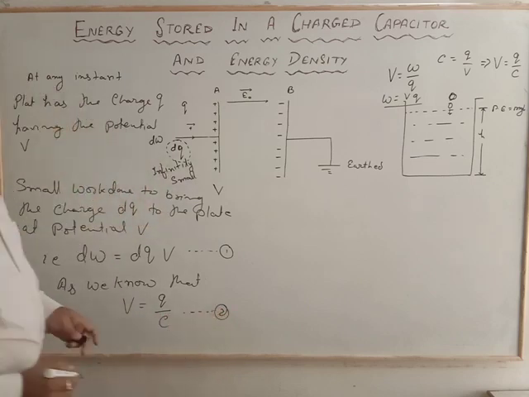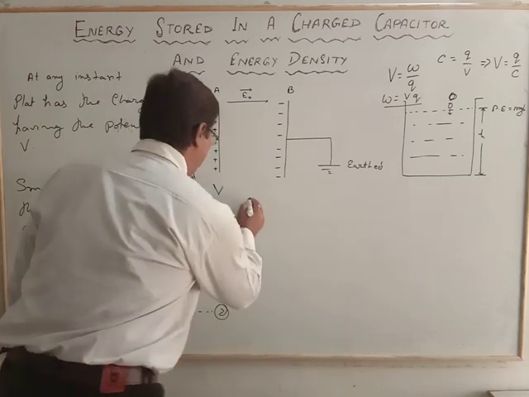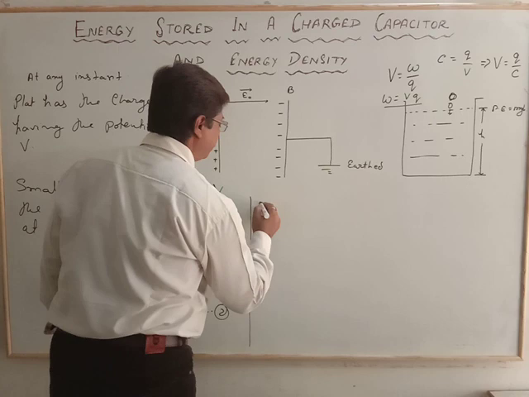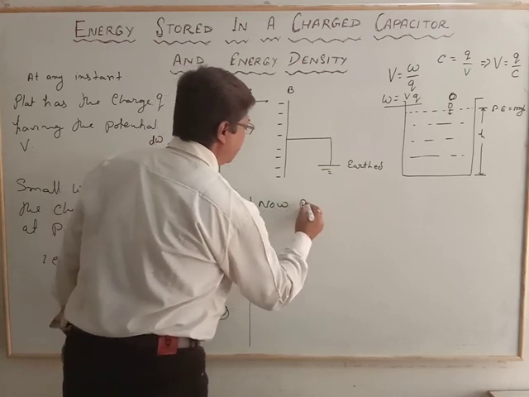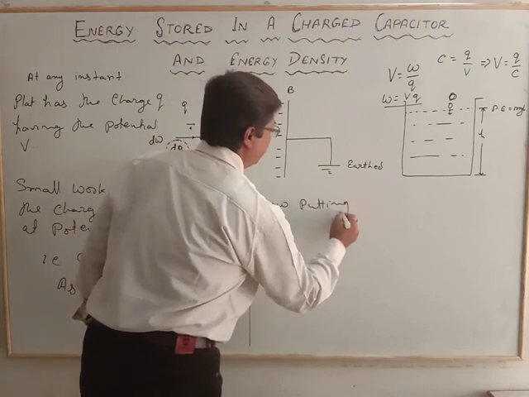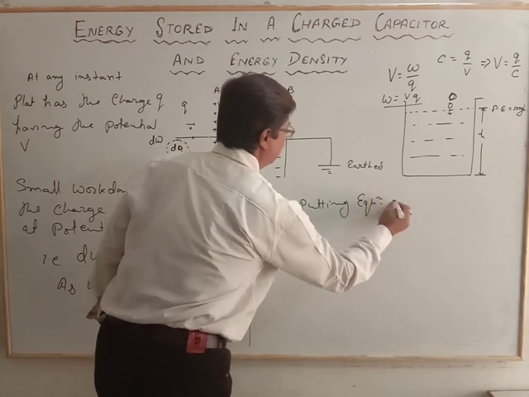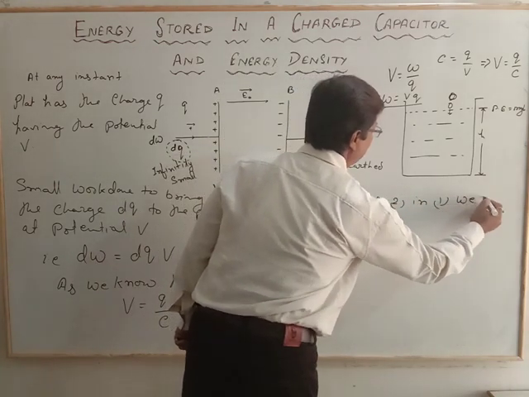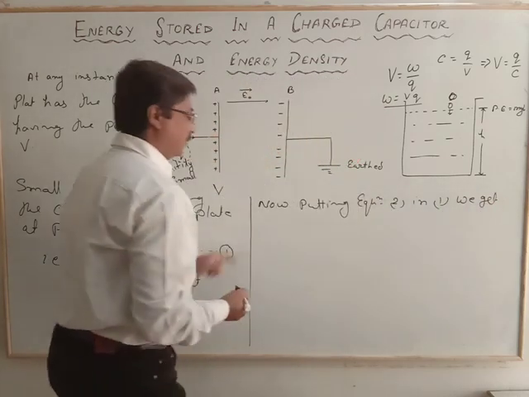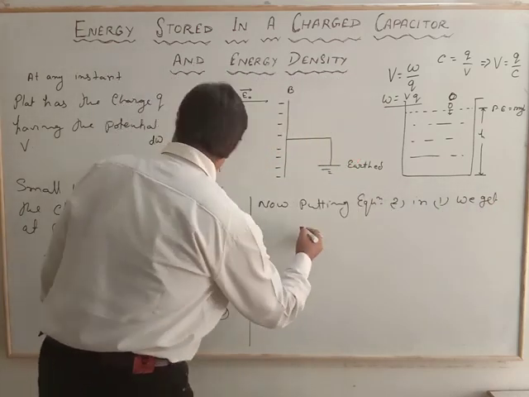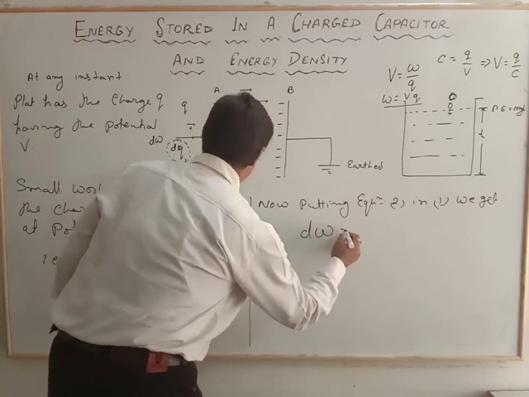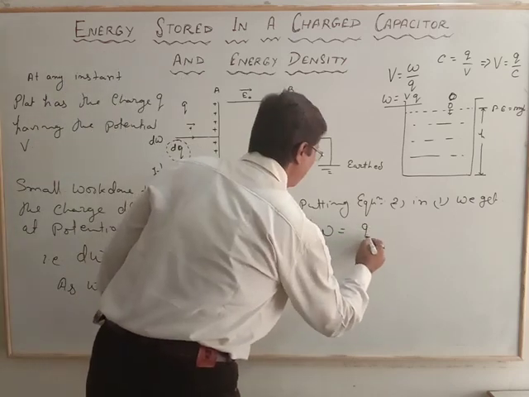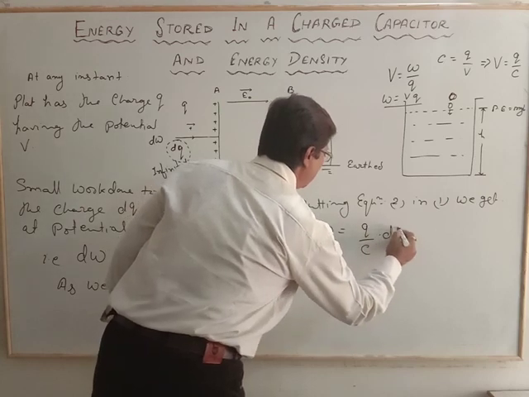We substitute equation 2 in equation 1. Putting equation 2 in 1, we get dW, the work, equal to Q by C into dq.